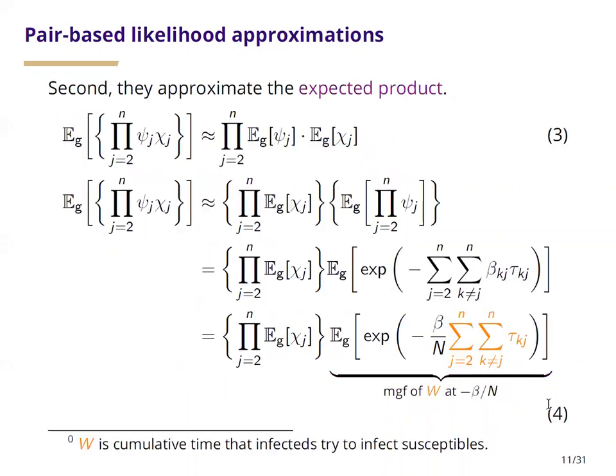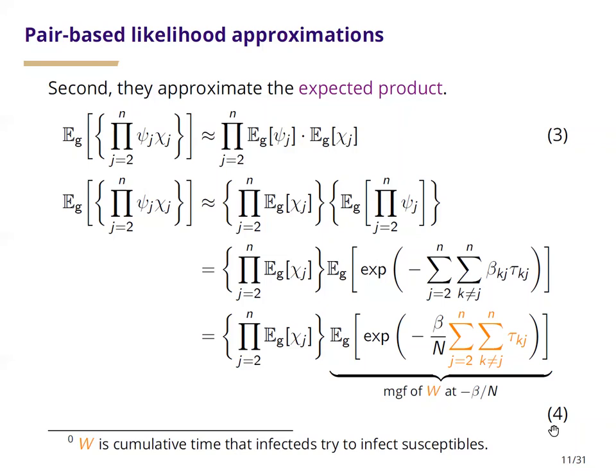So how do we approximate that expected product? There's two ways in this work. Formula 3 is saying, okay, let's assume that an expected product is the product of expecteds. Here we'll assume that we can model the before infection probabilities, the psi's, independently of the jump probabilities, the chi's.